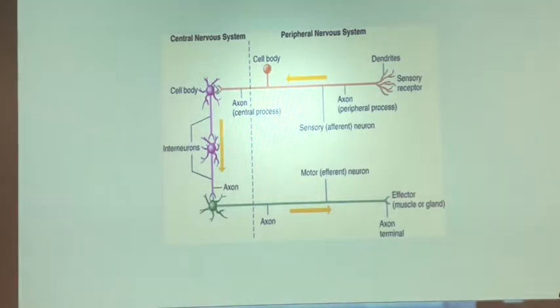So these are dendrites. We get the nerve impulse, then we're traveling down this axon, and here we go. So notice now we have an interneuron. So this is an interneuron. Most of the neurons within the spinal cord and the brain are interneurons.